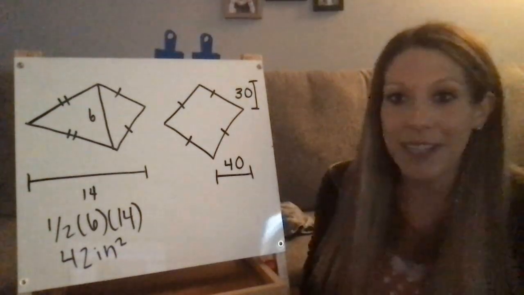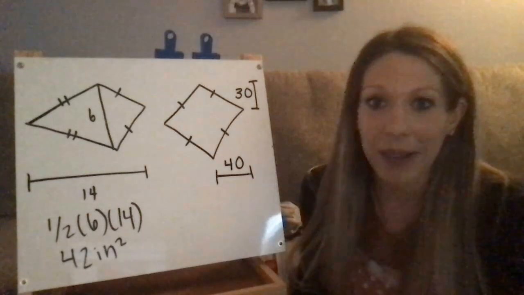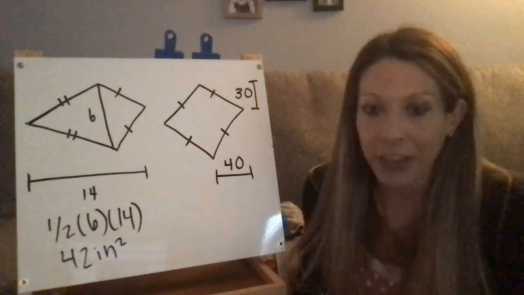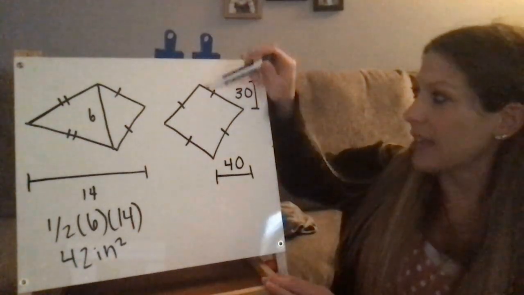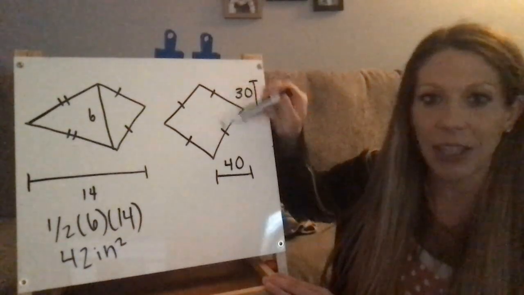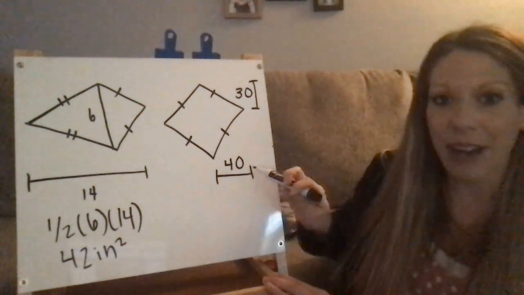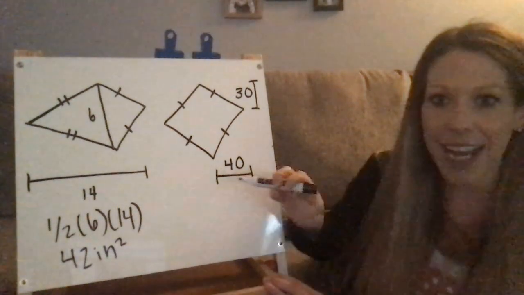It gives us part of the diagonal. So you have to remember your properties from when we talked about parallelogram properties. For a rhombus, for all parallelograms, the diagonals are bisected. So if this much of the diagonal is 30, that means the whole thing is 60. And if this part of the diagonal is 40, that means the whole distance across is 80.